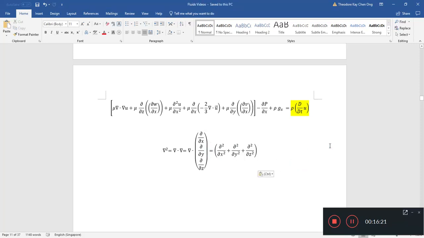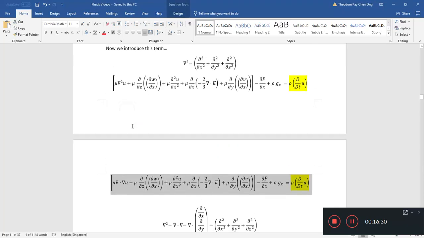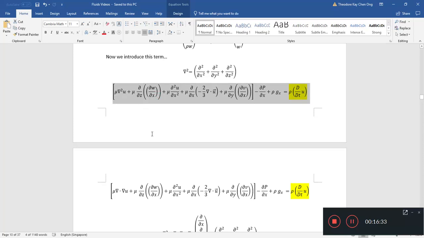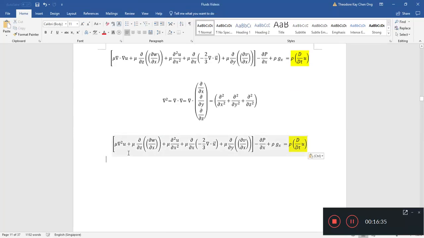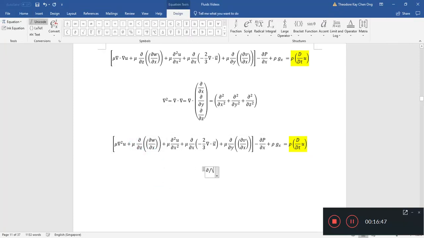Nothing more than that. I prefer, of course, to use this notation because I don't like having too many triangles. I just like this square. It's much simpler. Now, this is something to know about partial derivatives.